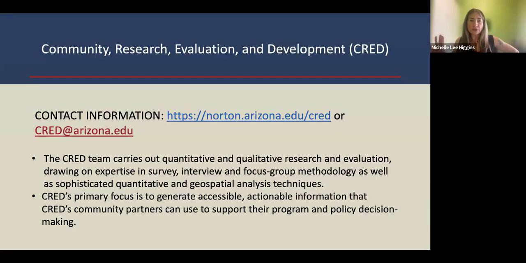So this center, is it a center? They do program evaluation. They are very busy. They are expert evaluators, but they are in great demand.